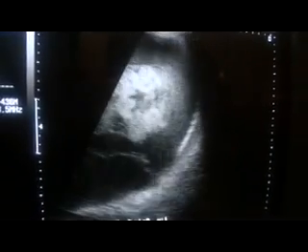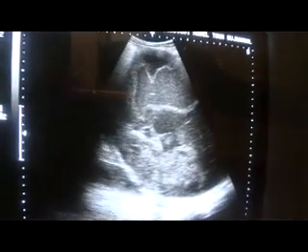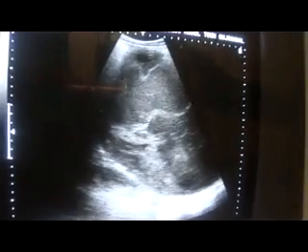It has a well demarcated outer surface, a rim. Again, you can see the right side. Left we saw, this is the left. So it is pushing the liver upwards as well.